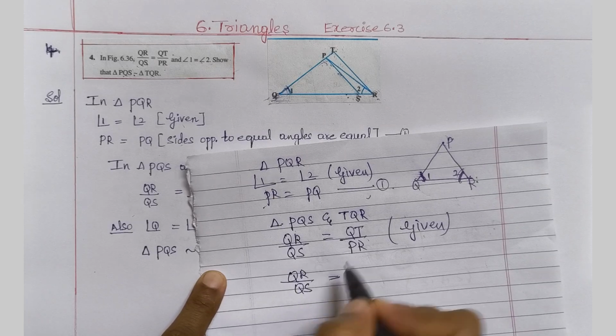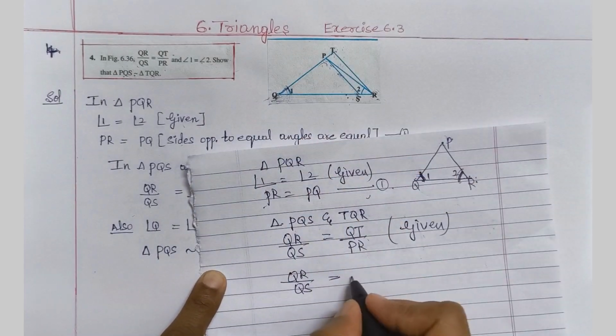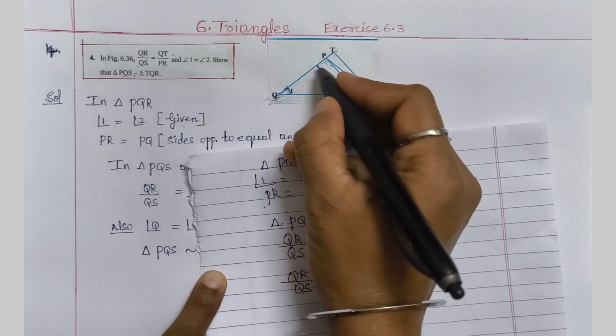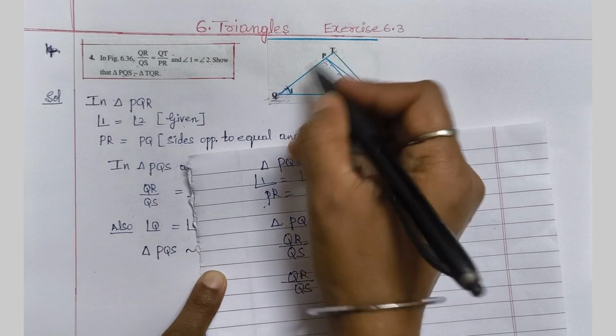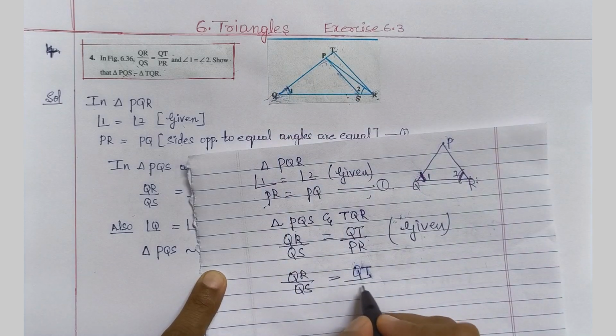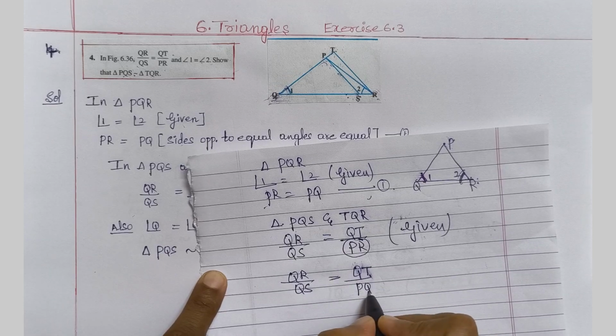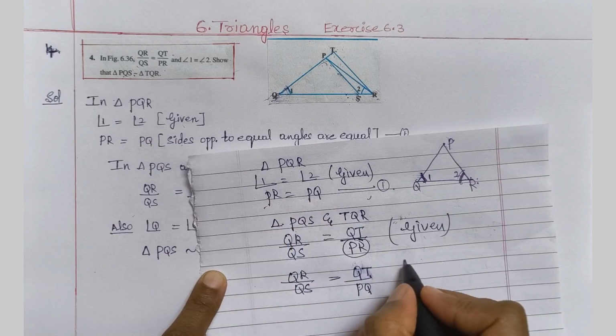Is equal to, now we will take QT by, we want PQ. Here you can write PQ. What is the reason? From equation 1.